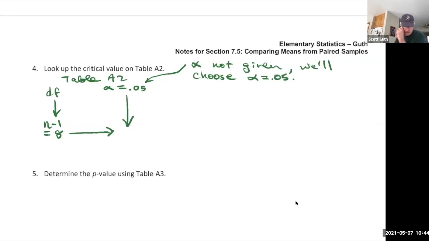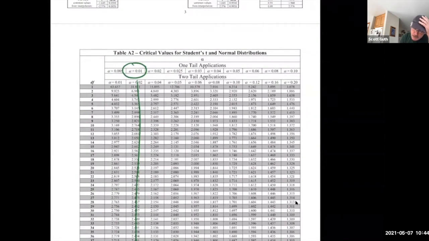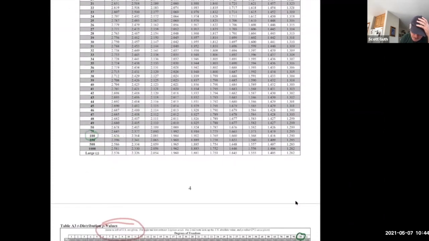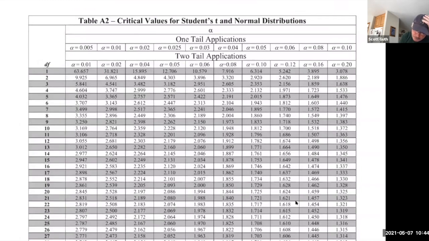Okay, and then we can look that up real quick. Should be one tail. I did not put that down. Let's put that down. Okay, so I'm going to A2, 0.05 one tail, and 8 degrees of freedom.